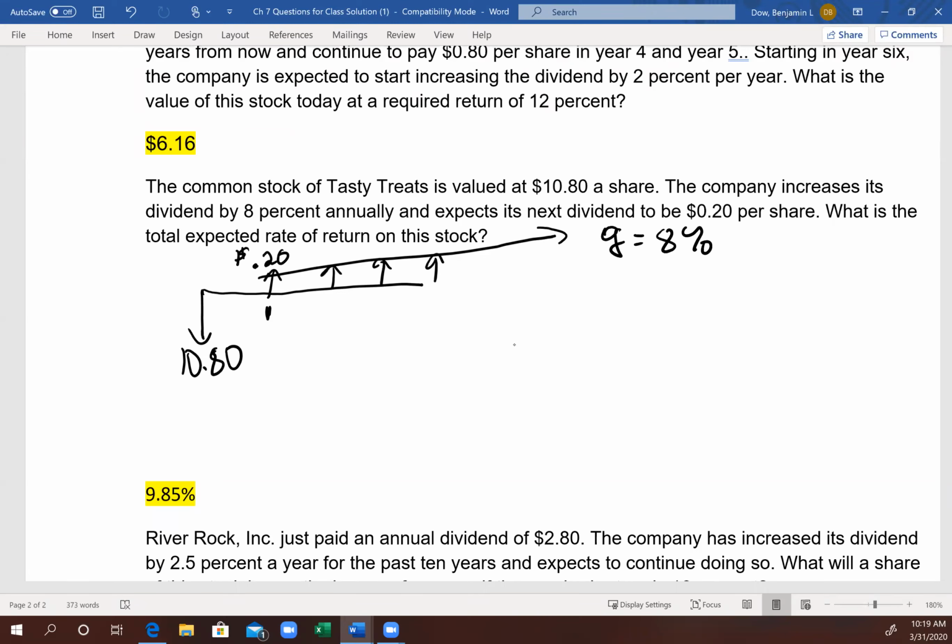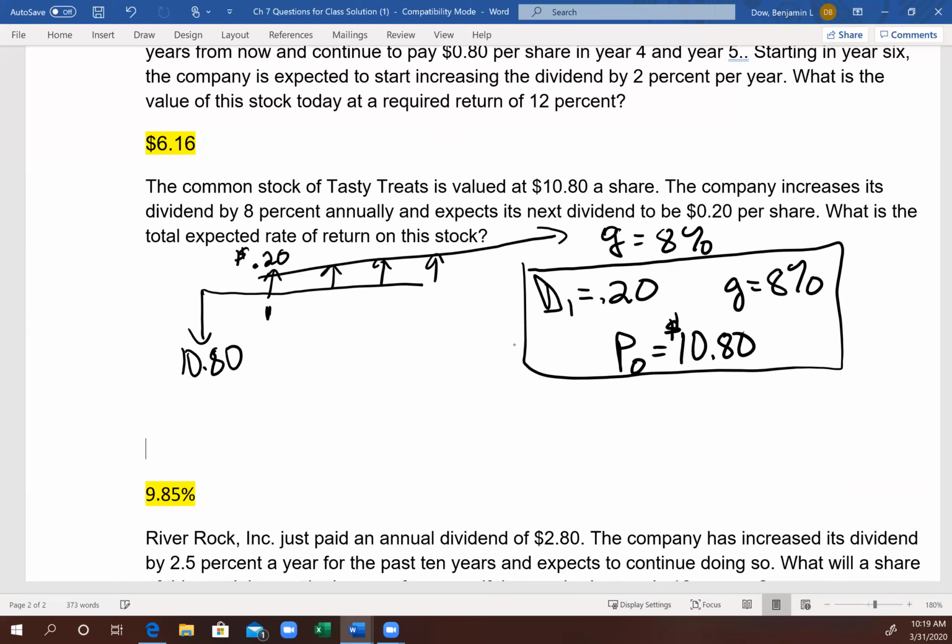All right, so what we have is D1 is 20 cents. We have growth at 8%. And we've got an intrinsic valuation of around $10.80. And the question is, what do people expect the rate of return of this stock to be given these fundamentals? If these fundamentals are true, then what's the expected rate of return on this stock?